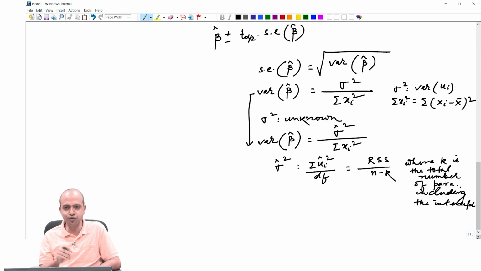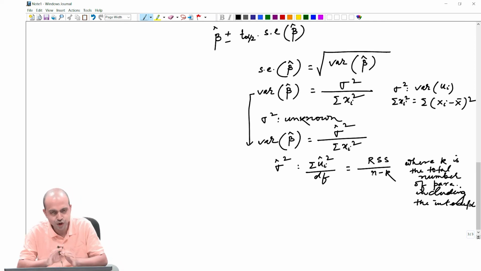So, one thing we have learned here: when we have a problem with an unknown population parameter while computing some statistical measure, our rule says we have to replace it with the sample counterpart. Sigma square is unknown, so we are replacing it by sigma hat square, which is nothing but summation ui hat square, or RSS, by its degrees of freedom.